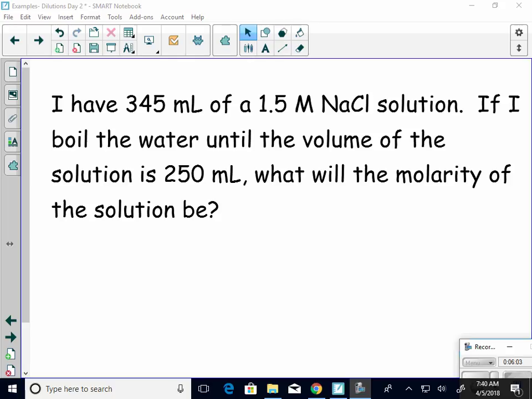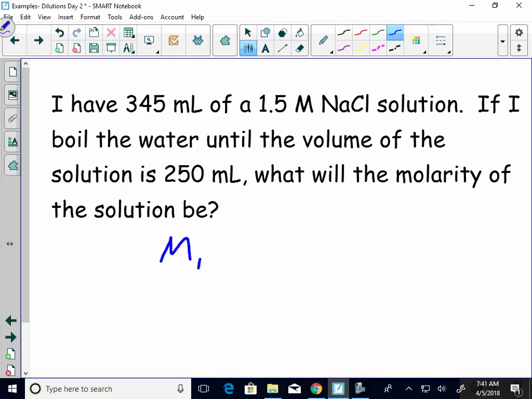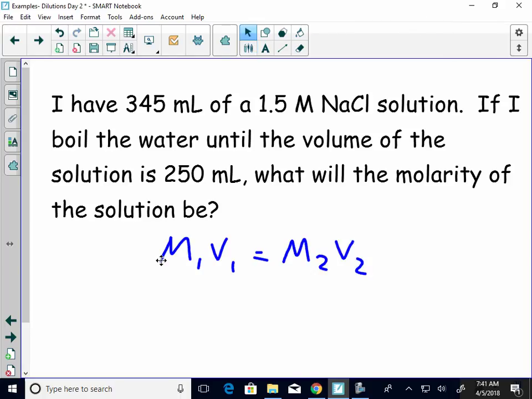I have 345 milliliters of a 1.5 molar sodium chloride solution. If I boil the water until the volume of the solution is 250 milliliters, what will the molarity of the solution be? Now, for this particular problem, is this actually a dilution?